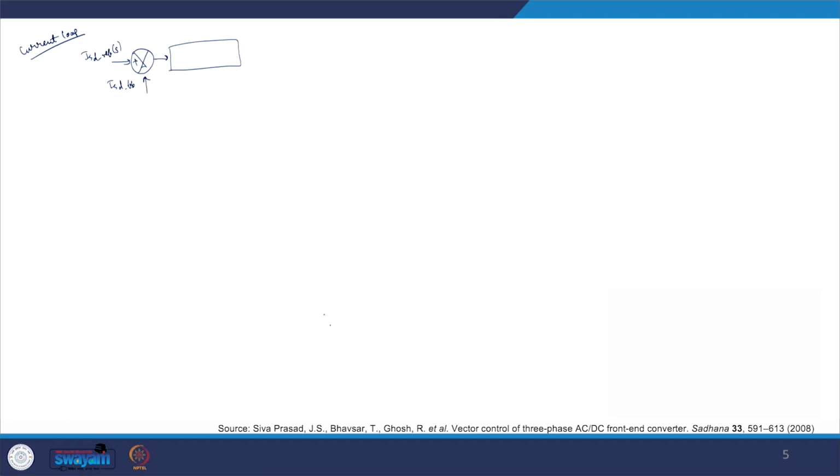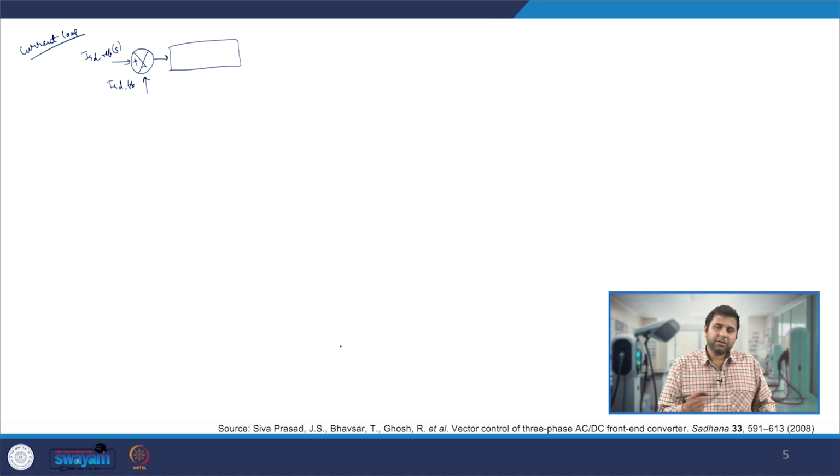Let us define the current controller, which is just a PI controller, nothing but Kp plus Ki by S, a standard PI controller. We define this for current control, so Kpc and Kic for the current loop.